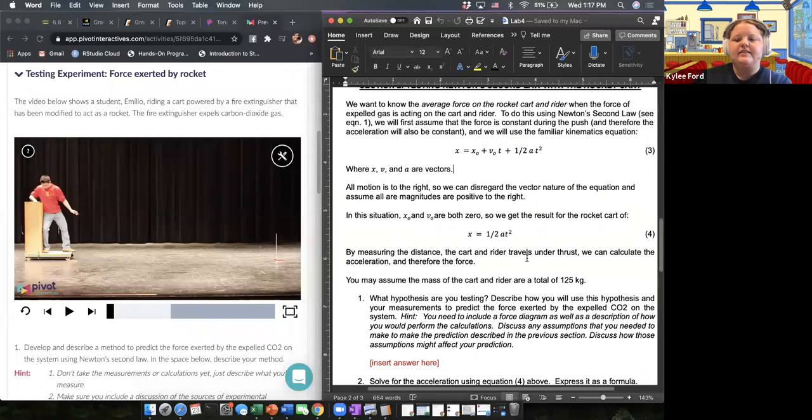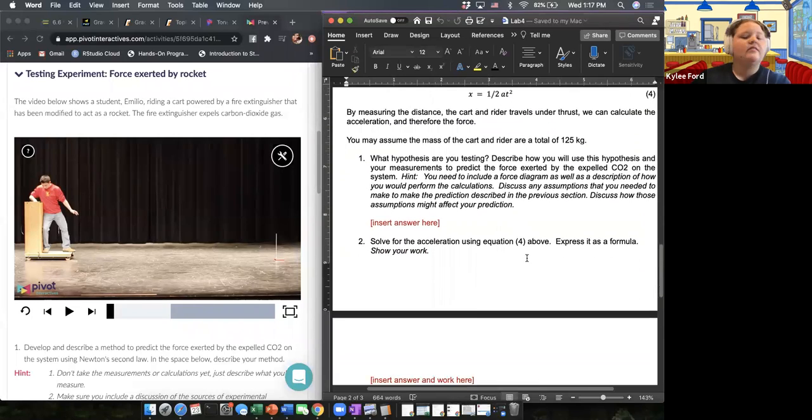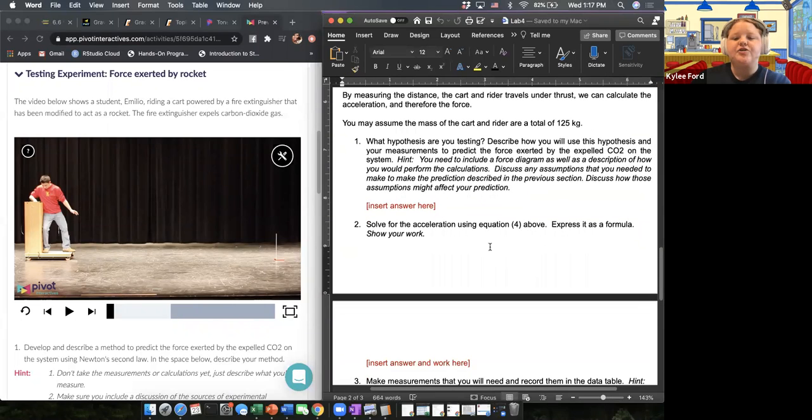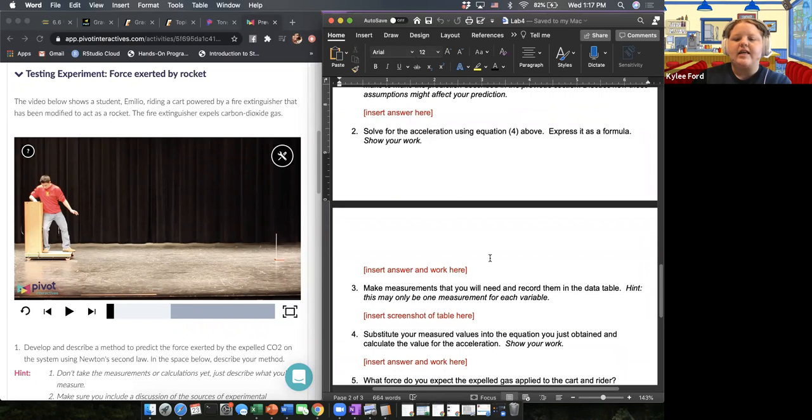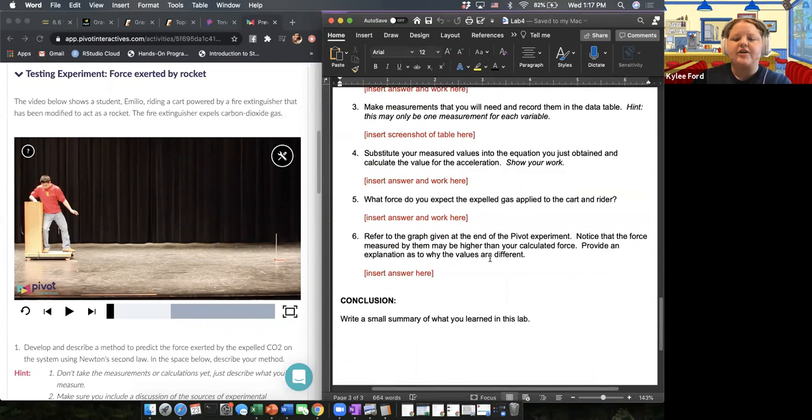And you're going to create some kind of hypothesis, and make sure that you always look at the hints that I write in, because I specifically put those in for a reason. I want to make sure that they're helpful, so I would always look at the hints that I give, and then go through that.